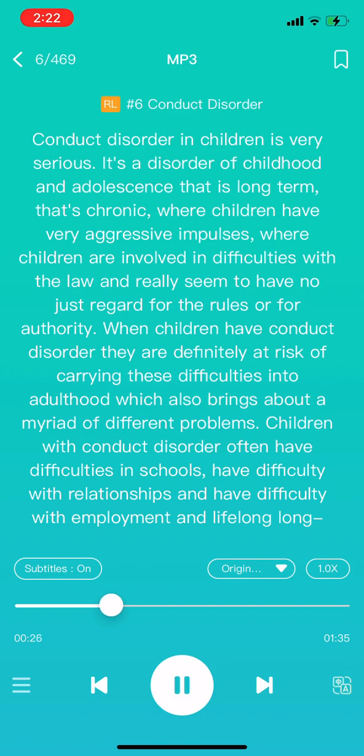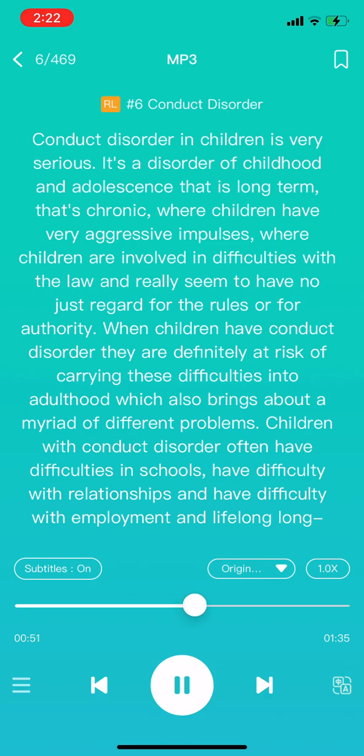When children have conduct disorder, they're definitely at risk of carrying these difficulties into adulthood, which also brings about a myriad of different problems. Children with conduct disorder often have difficulties in school, have difficulty with relationships, and have difficulty with employment and lifelong, long-term relationships.